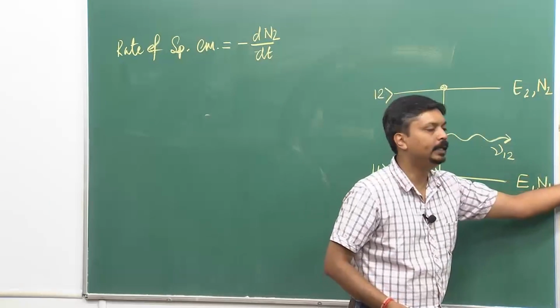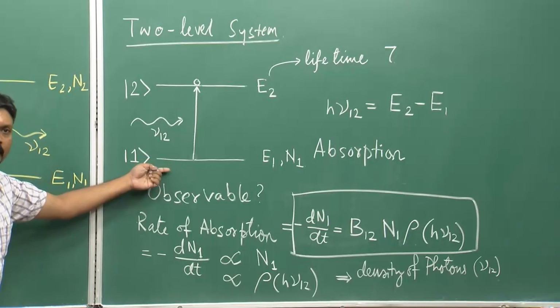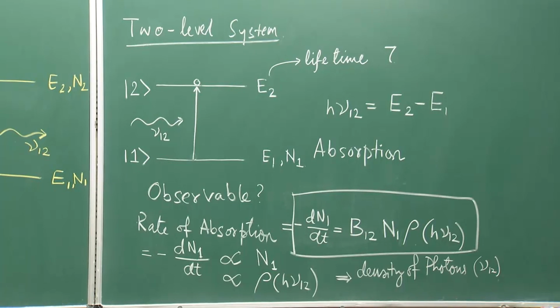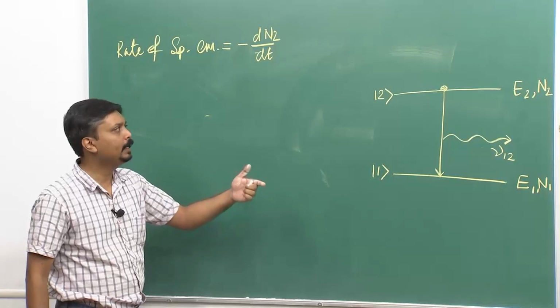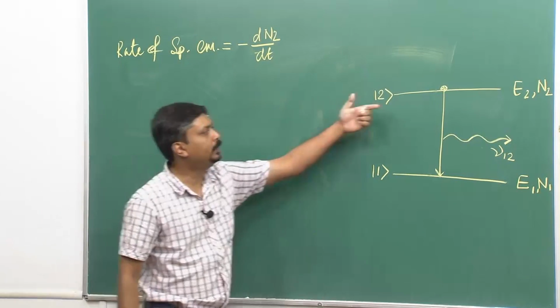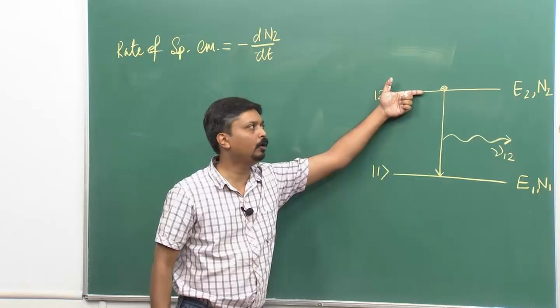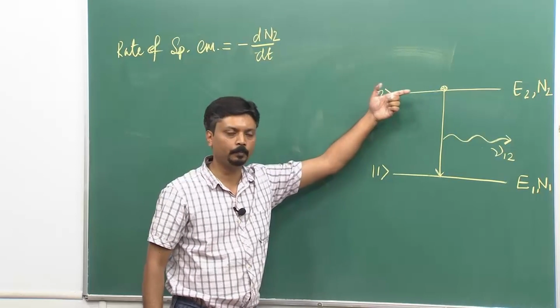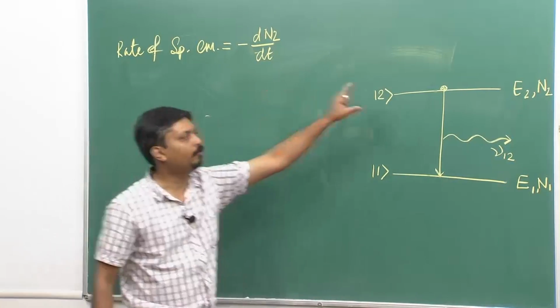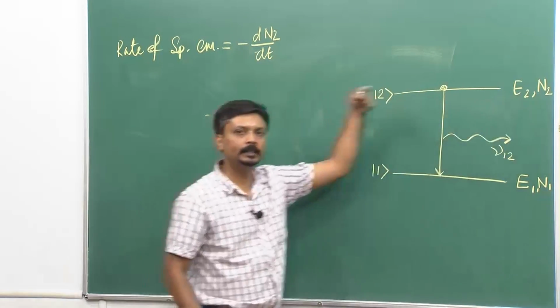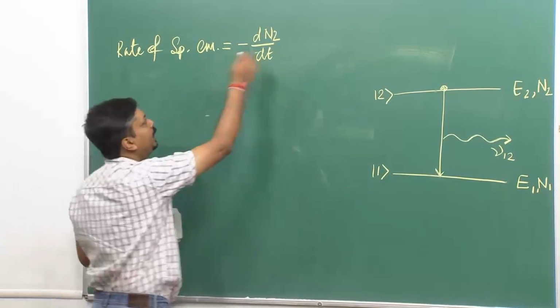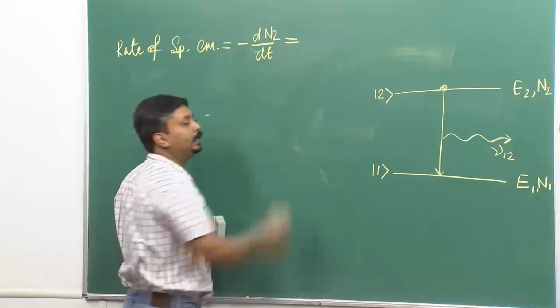In absorption, we dealt with the change of population of the ground state, and here for spontaneous emission we are dealing with the change of population of the excited state, that is state 2. So, the number of atoms in state 2 is N2. So, the change in N2 with time is my rate of spontaneous emission.